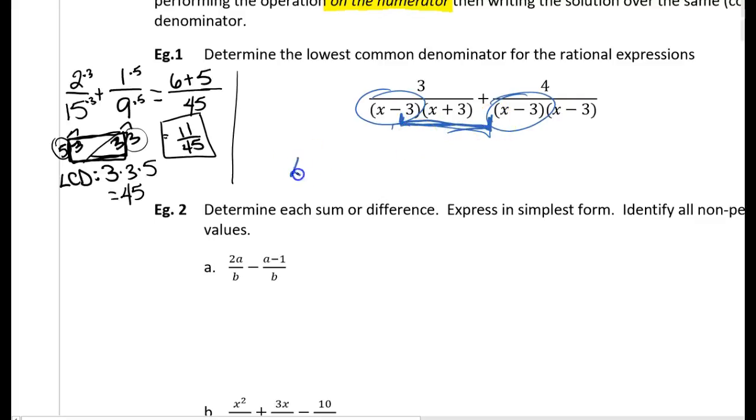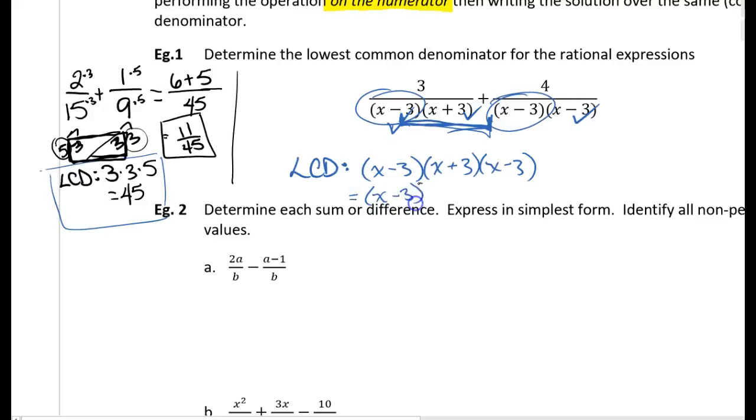When I determine my lowest common denominator, and that's all this question's asking, it's not even asking me to finish it off, it just asks for the LCD, I'm going to do x minus 3, and that takes care of my pairing. x plus 3 takes care of that, and x minus 3 again, because this one doesn't pair up. You could simplify that to be x minus 3 squared times x plus 3 as well. But that's how we determine our lowest common denominator.